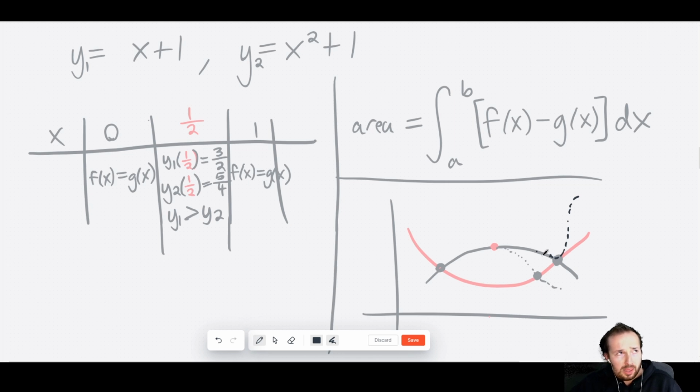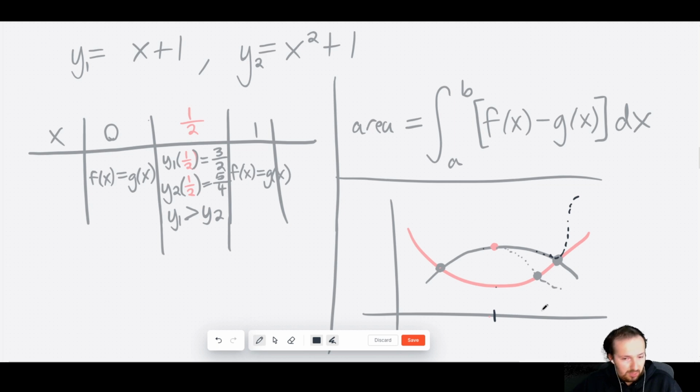But if there is no intersection point and the functions are continuous, that's a big caveat, then that is a guarantee that they can't swap. So that's why we only have to check one point, like this 1/2. If one function is bigger than the other at a certain x value, and the functions are continuous, that same function has to be bigger for all values in between the two bounds.